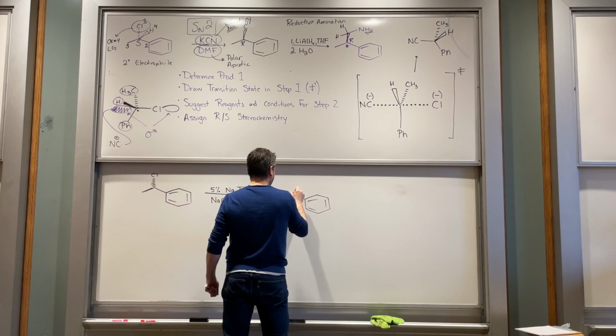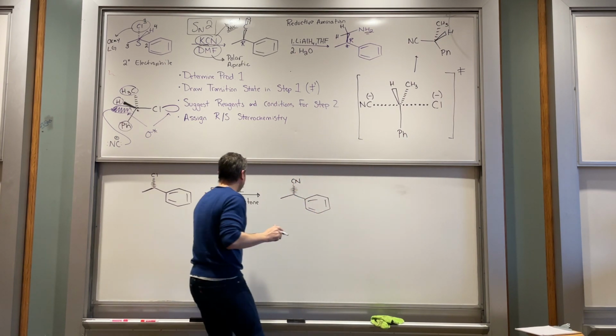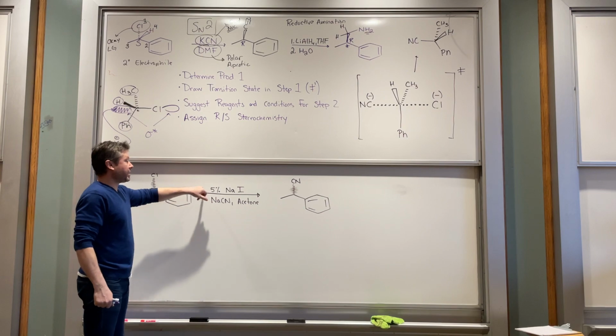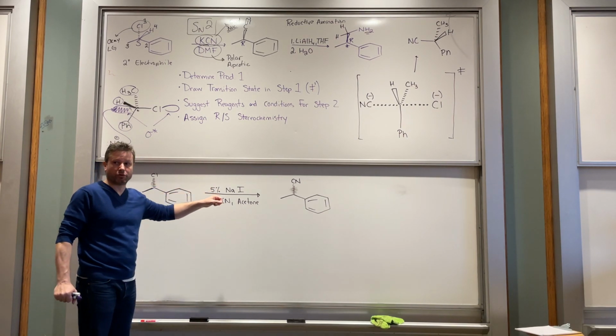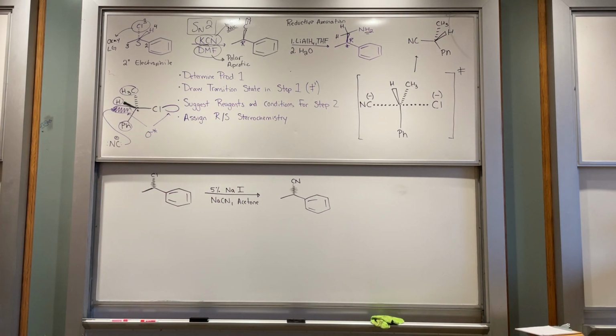What we're going to do is add into this reaction 5% sodium iodide. Say the limiting reagent is 10 millimoles. At 5%, we're just adding in 0.5 millimoles of the sodium iodide, so not enough to actually make the iodide product.